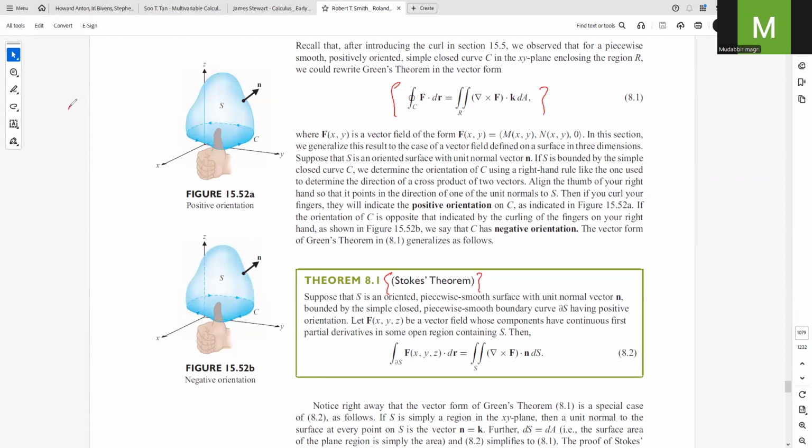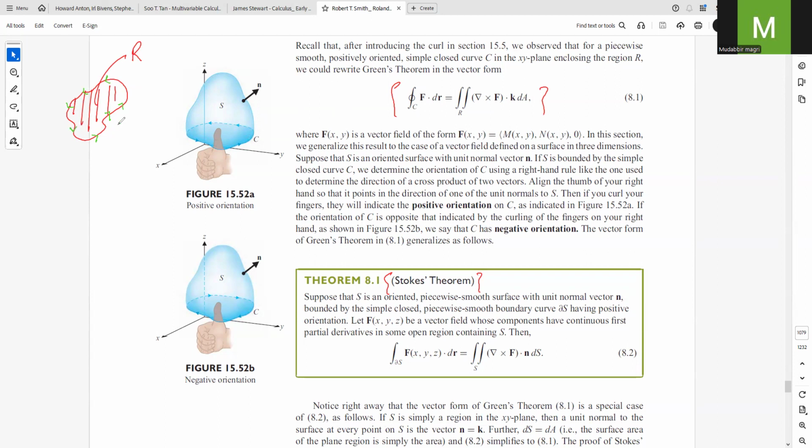For example, if we have a region R that is bounded by a curve, so this is the curve. For instance, this outside here is the curve, and we give it some orientation, say counterclockwise orientation.